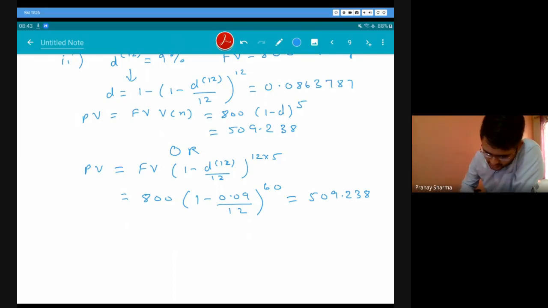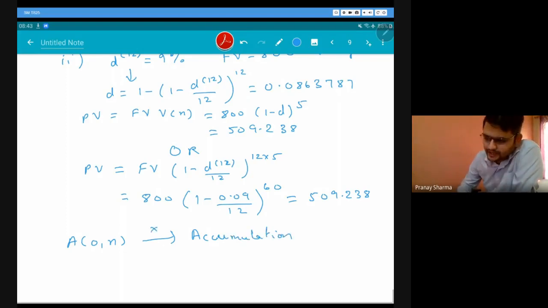Okay, so whenever we have accumulation factor, or I'll just write accumulation factor as a0 comma n, and we are using that for accumulation, then we will multiply it.